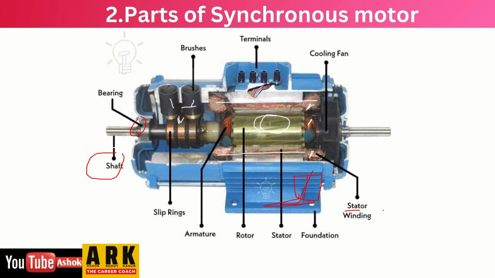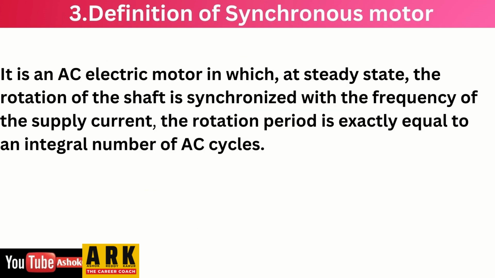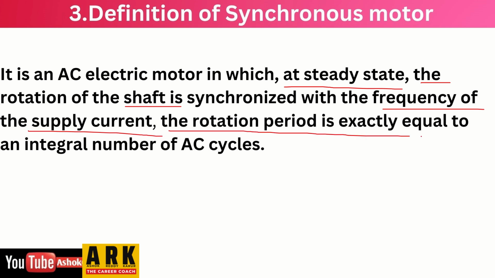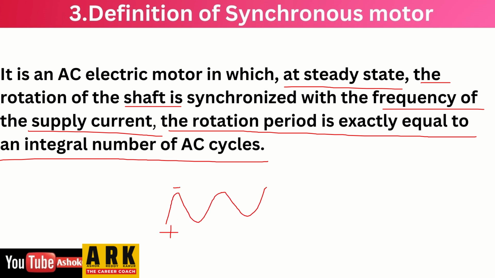The motor itself is not static, but the basement will be. Then we have the stator winding, and also a cooling fan to protect the motor from heat. The definition of the synchronous motor: it is an electric motor in which, at steady state, the rotation of the shaft is synchronized with the frequency of the supply current. So both will be in sync mode. The rotation period is exactly equal to an integral number of AC cycles.